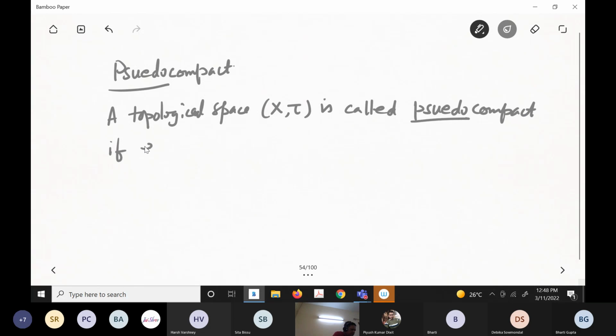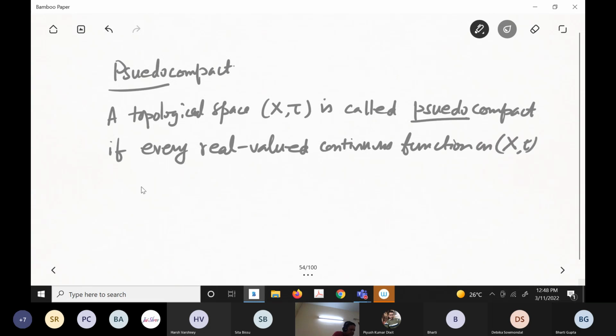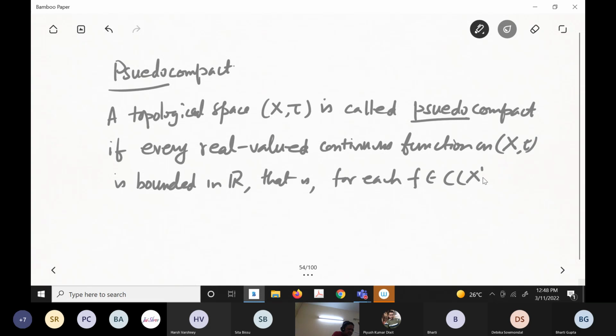if every real valued continuous function on (X, tau) is bounded in R. That is, for each f belonging to C(X), f(X) is bounded in R. Okay, this is called pseudocompact.